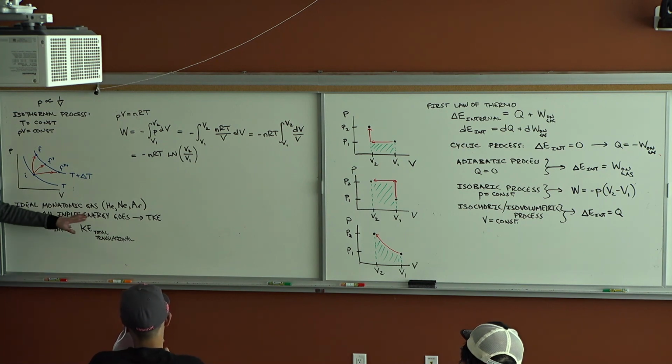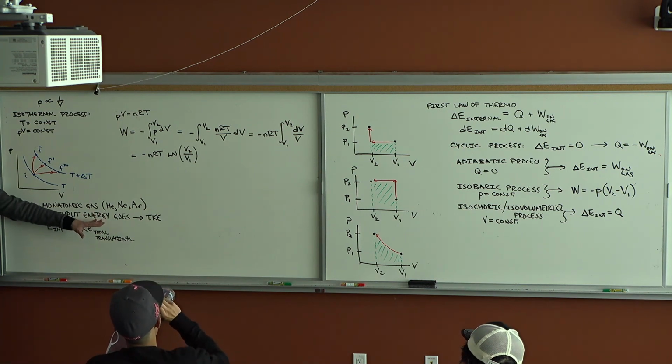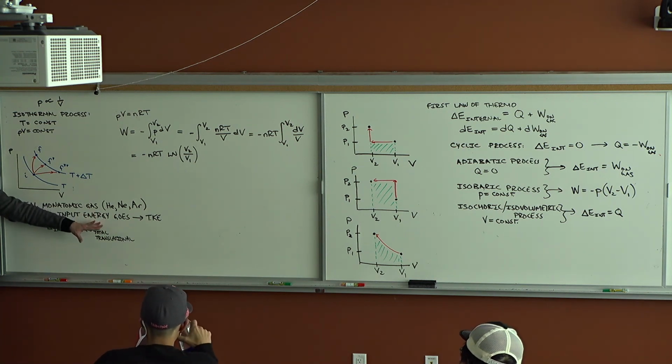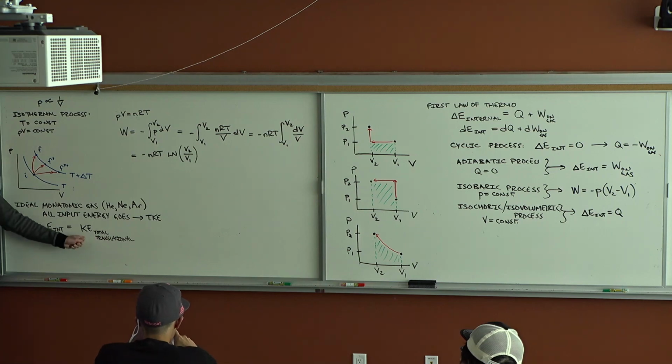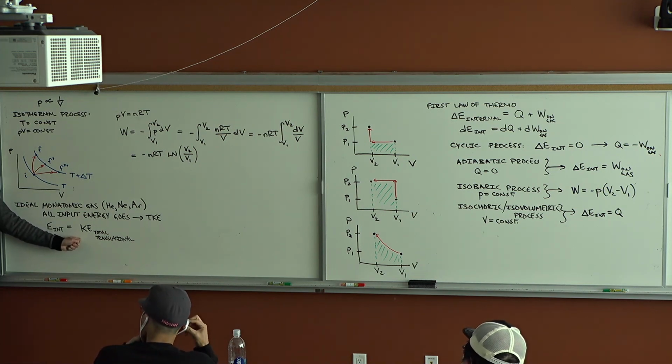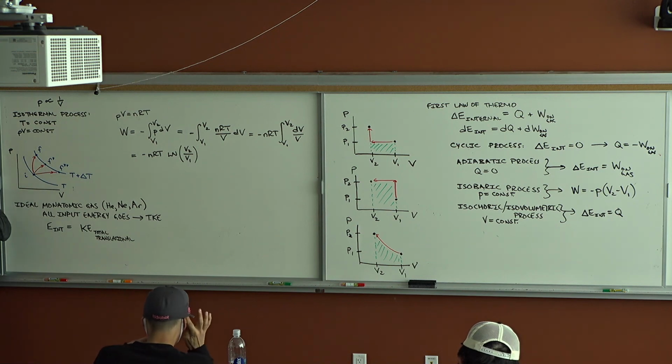So then if that's the case, if any energy you add is going into translational kinetic energy, then the total amount of energy is the total amount of translational kinetic energy, right? That works? Okay.